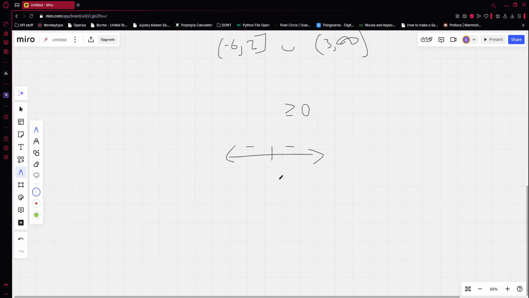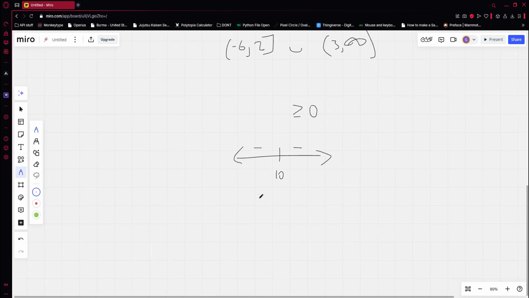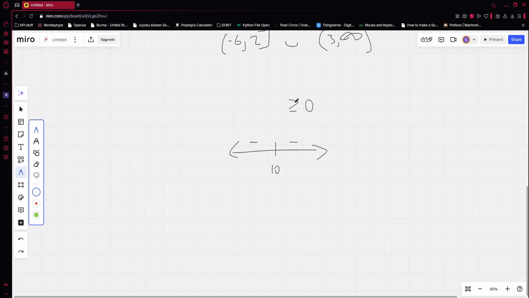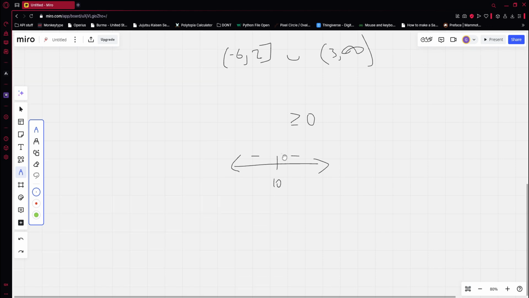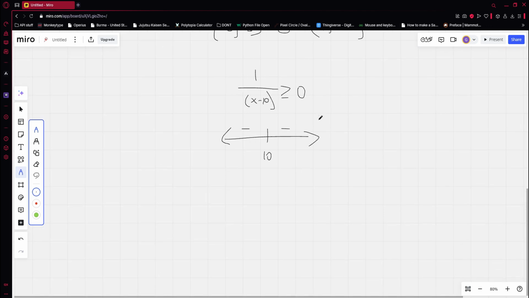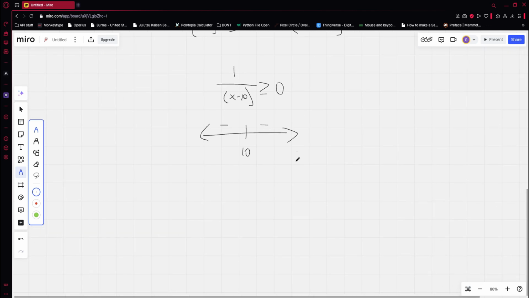It could be like 10, doesn't matter. It's just an x point where it dips through the y-axis. So you may say, oh, this is or equal to, and this is equal to 0. And you're right. Except if that 10 is on the denominator. In that case, you can't do that. And then you'd have to say undefined.